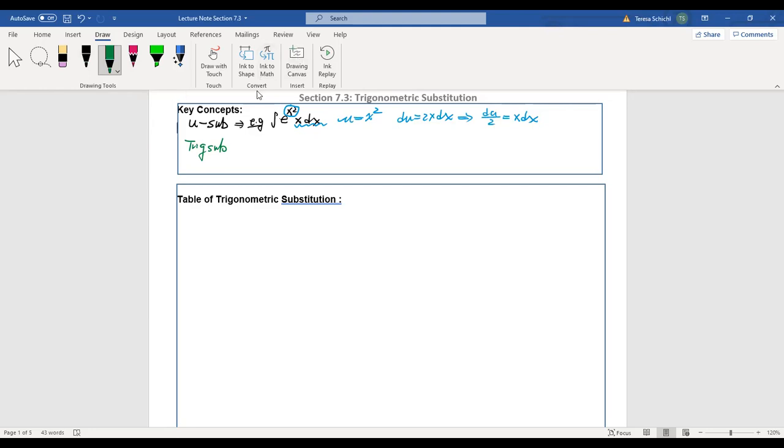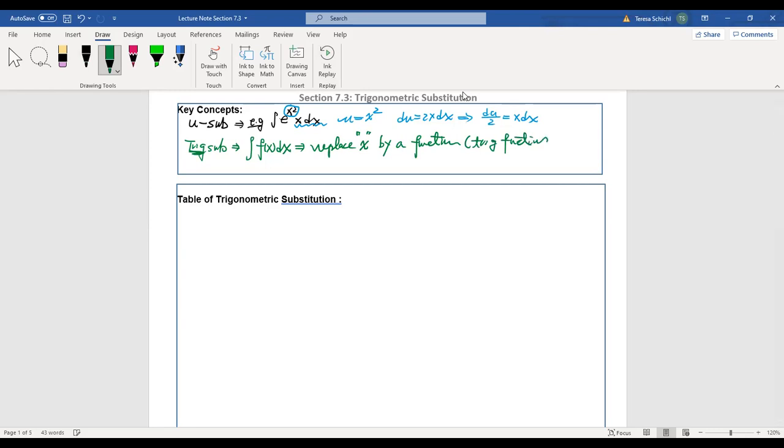For the trig substitution, when you try to evaluate the integral of f of x dx, you replace your variable x by a function. Since we call this the trig substitution, this function is typically a trig function.